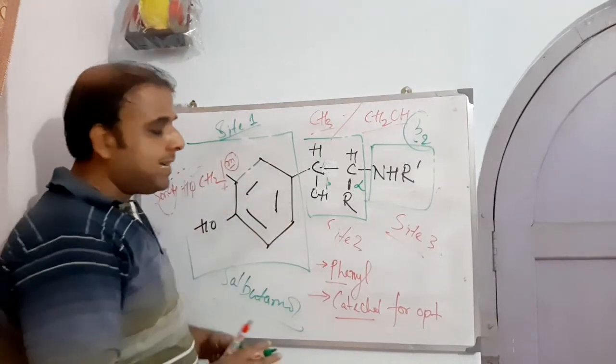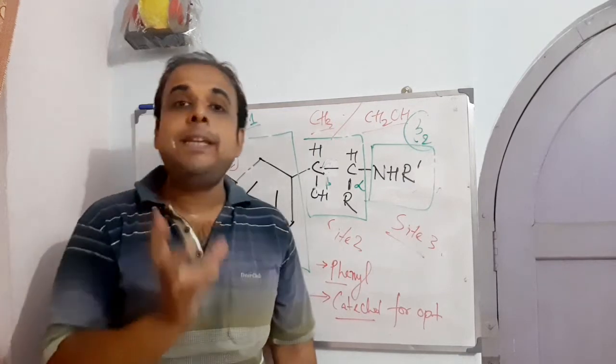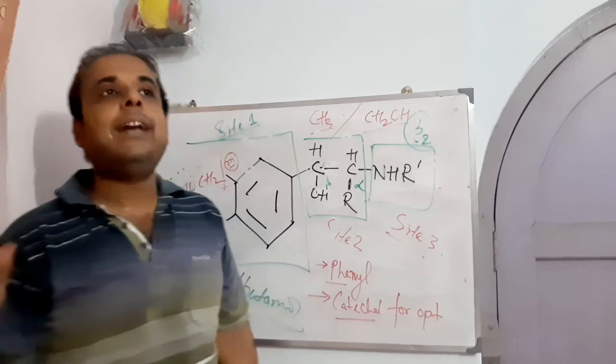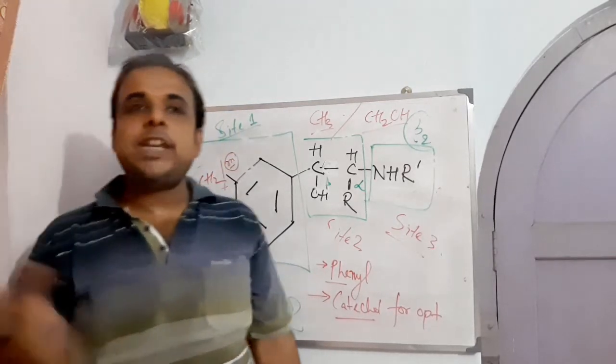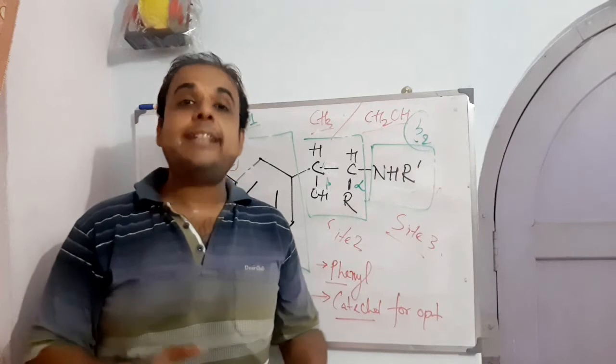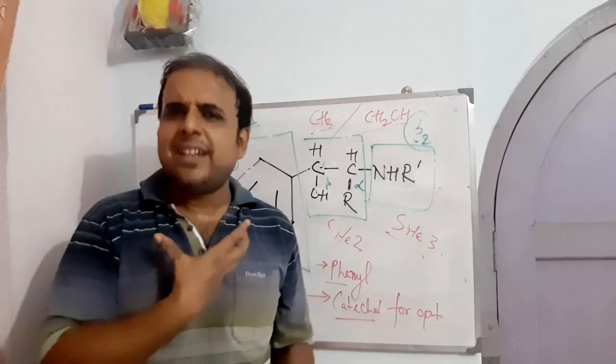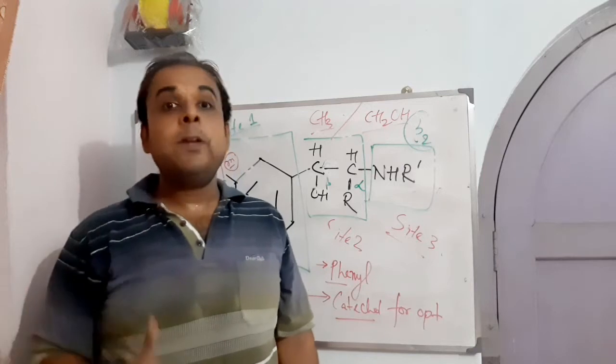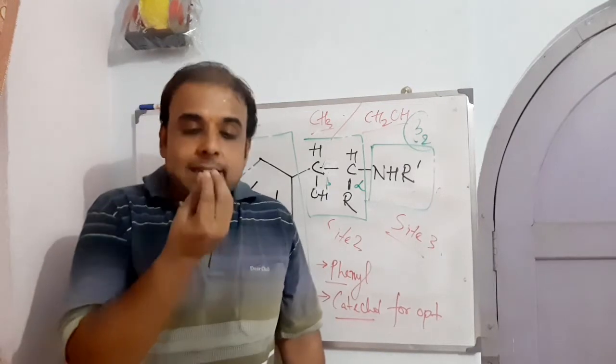Why are we after beta 2 selectivity? We know salbutamol can be given to a patient suffering from asthma, where there is bronchial congestion and bronchoconstriction, out of bronchial smooth muscle contraction.